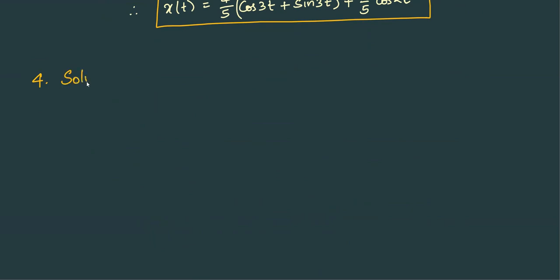Solve t times y double dash plus 2y dash plus t times y is equal to cos t.